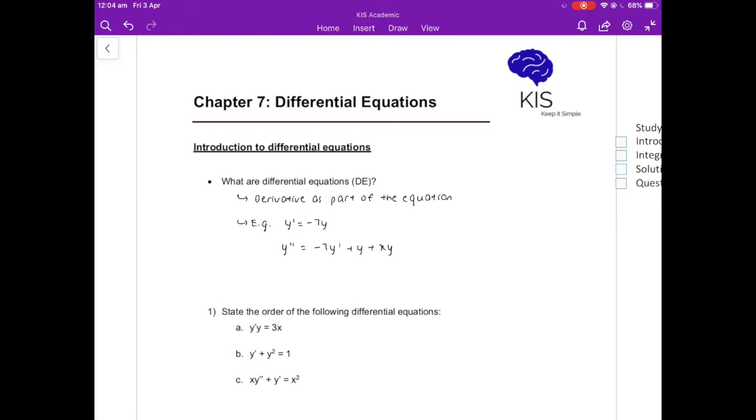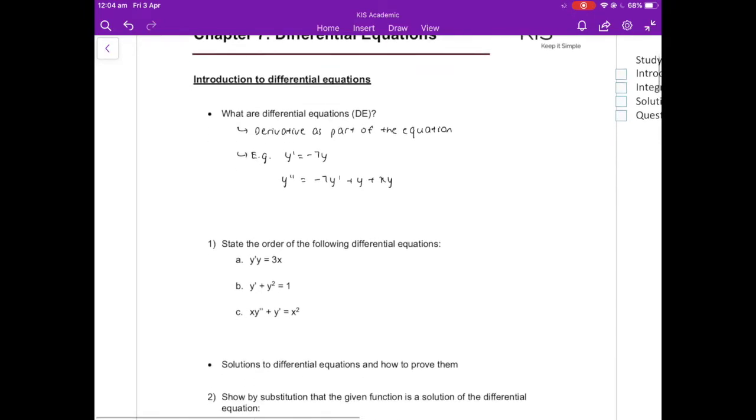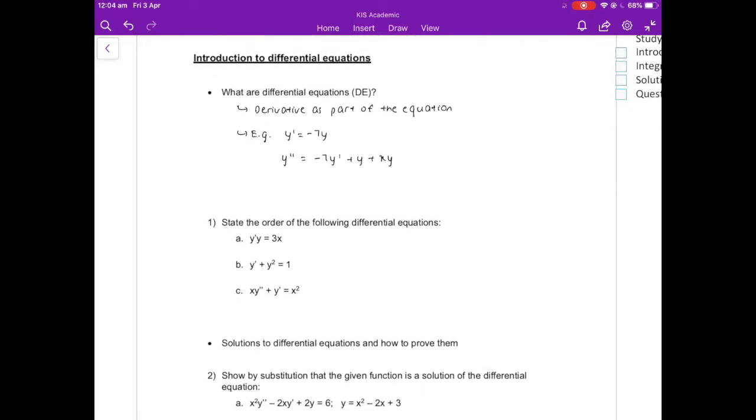So the first thing we have to learn is the order of a differential equation. So the order is determined by the highest order of y in the equation. So for the first one, we see that we have y dash.